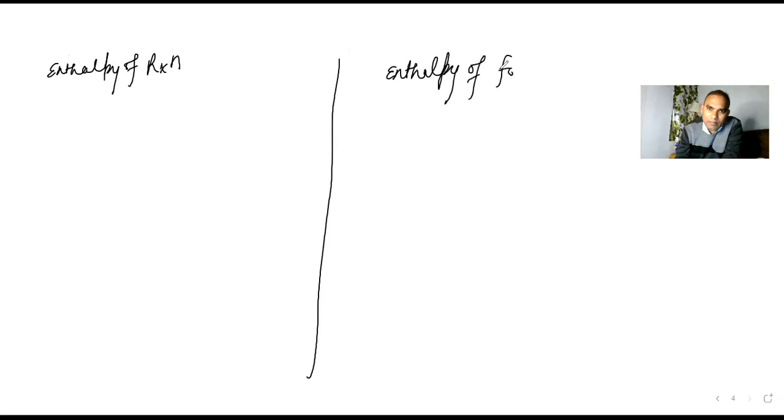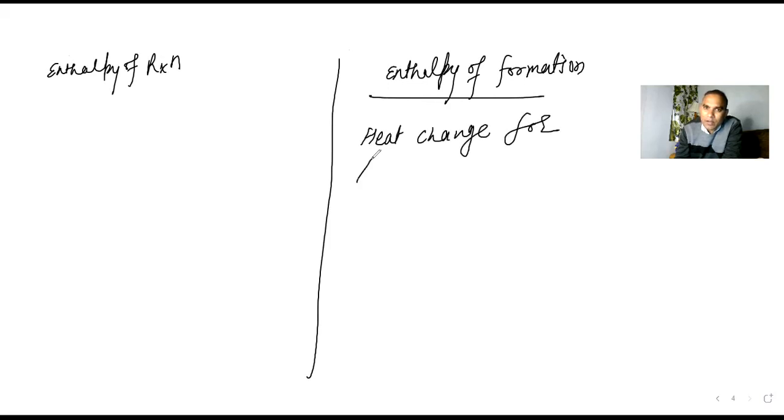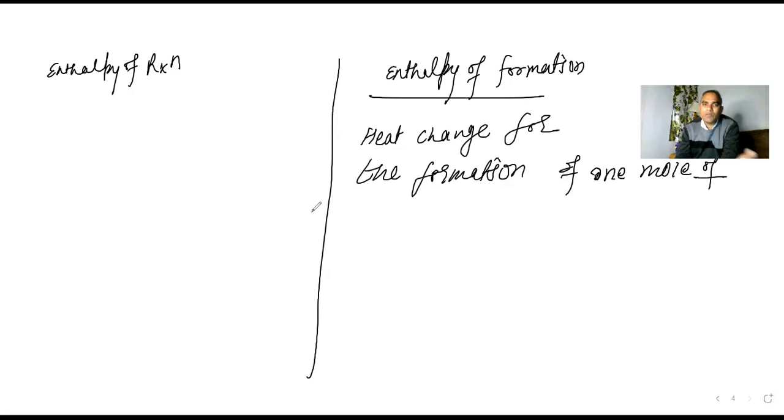Enthalpy of formation means energy change or heat change, anything you can write: heat change for the formation of 1 mole of product. So here, enthalpy of formation means we have to write 1 mole.